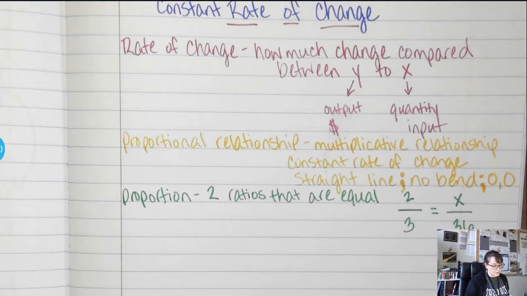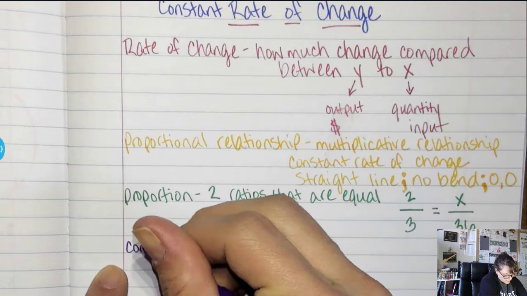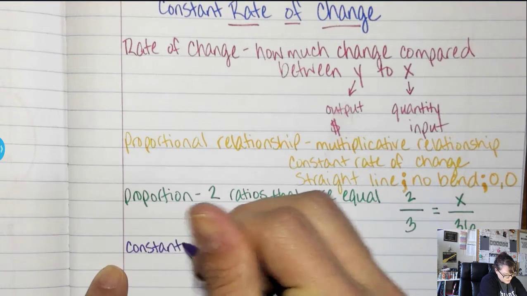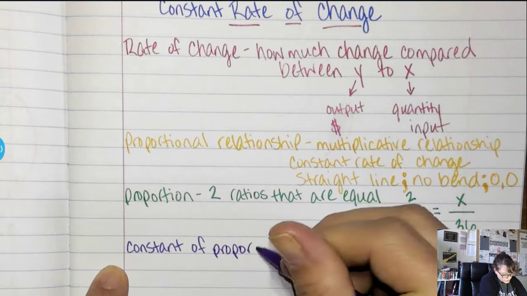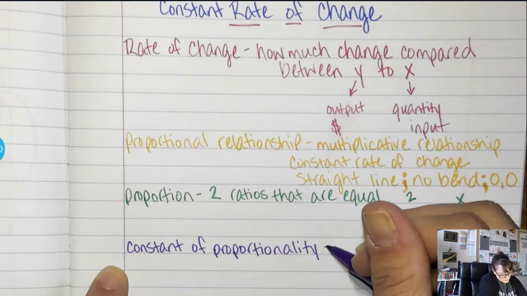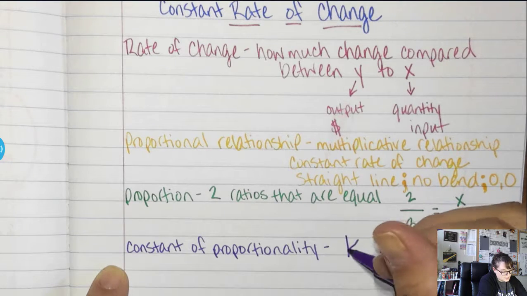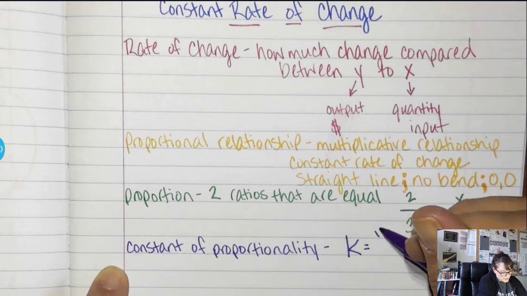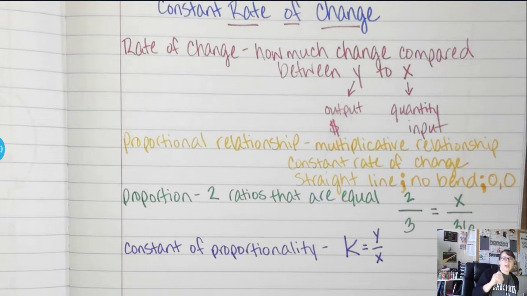And last vocabulary word, it's a lot of vocabulary. Constant of proportionality. This is a formula. K equals y over x.